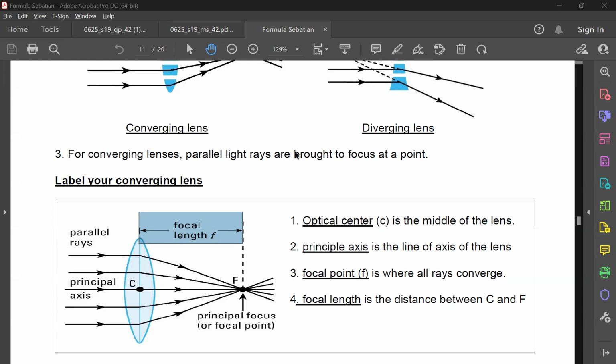If you have short-sightedness, you'll have to buy concave lens, then you can have the light ray converge at the back of your eye. If you have long-sightedness, you'll have to wear convex lens, which will help you converge your light ray at the back of your eye as well.